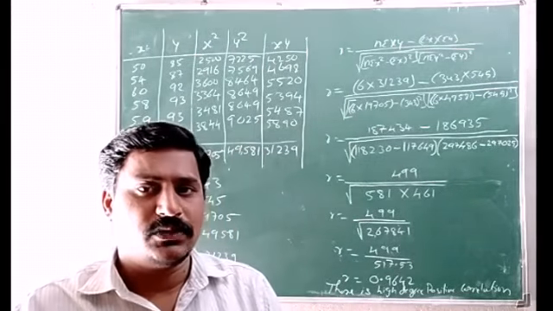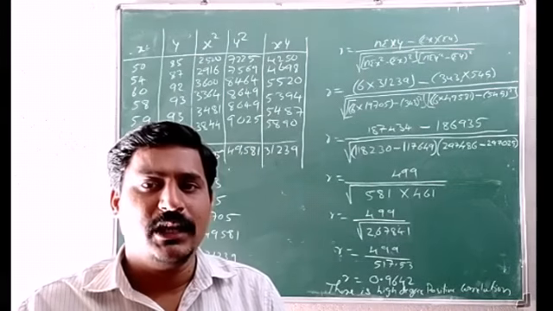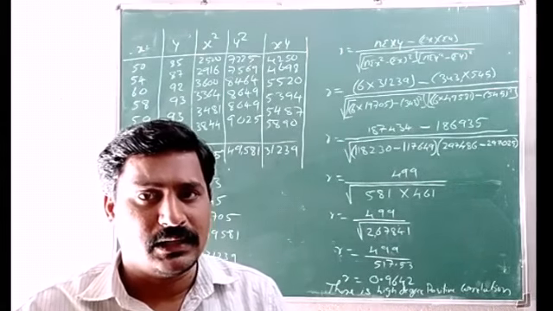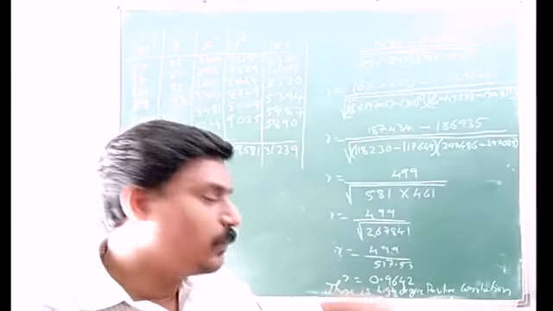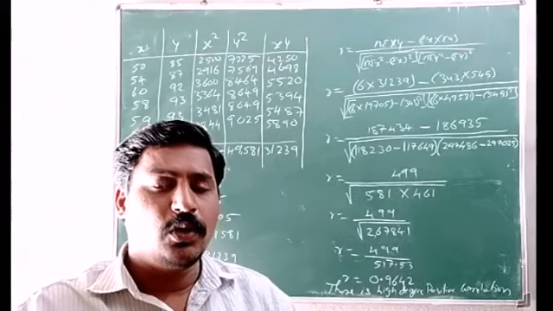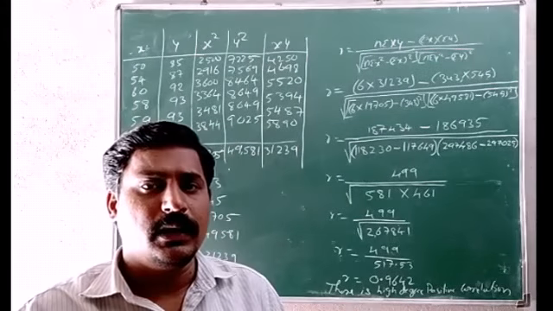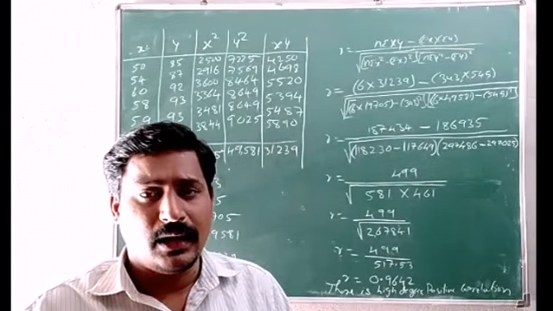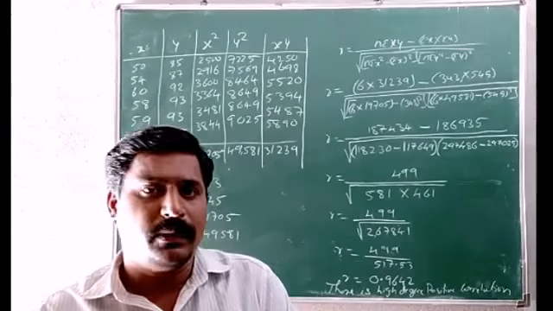Positive correlation means what here? Both variables will increase simultaneously. So degree is 0.96. That means there is a close relation.